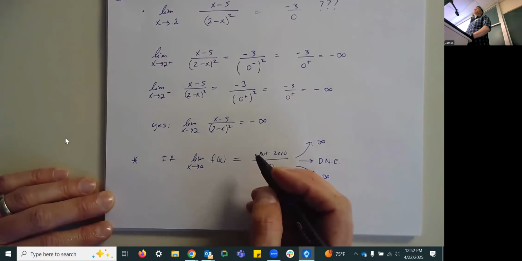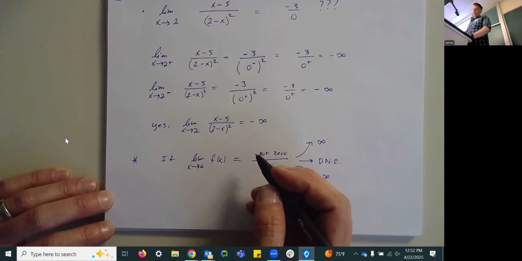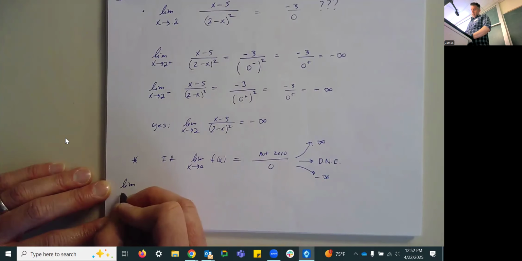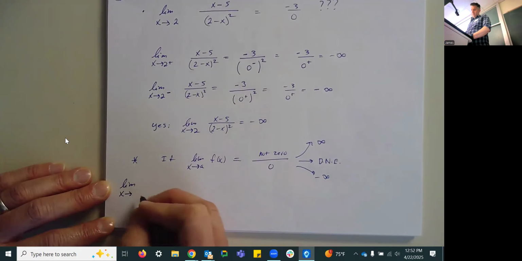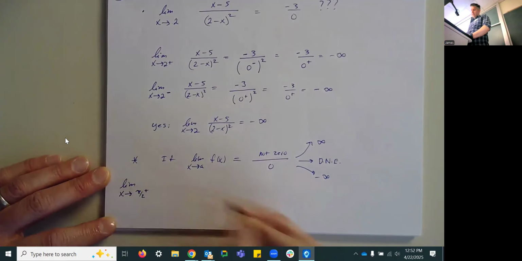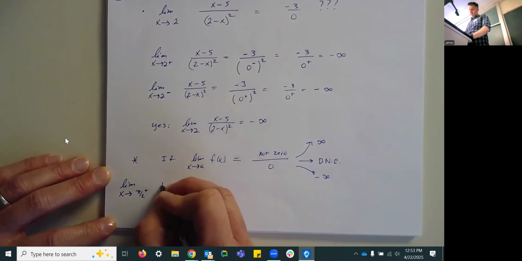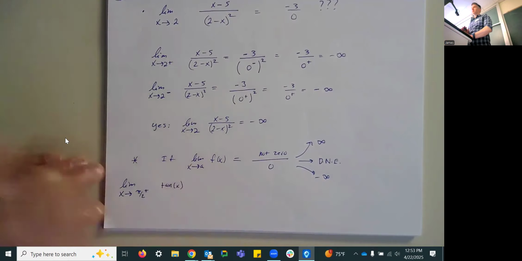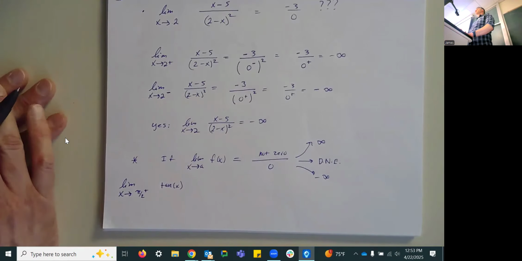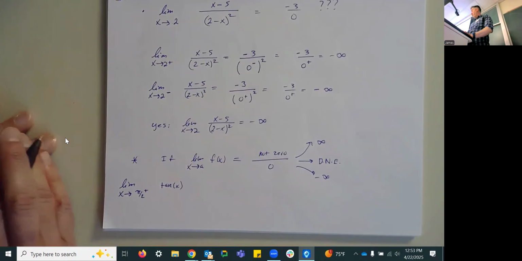Let me see. Let me try to do this the right way. Let's say the limit as x approaches, sure, pi over 2 from the right-hand side of tangent of x. Well, first of all, it's not even a fraction. So I guess I should rewrite it so it is a fraction.